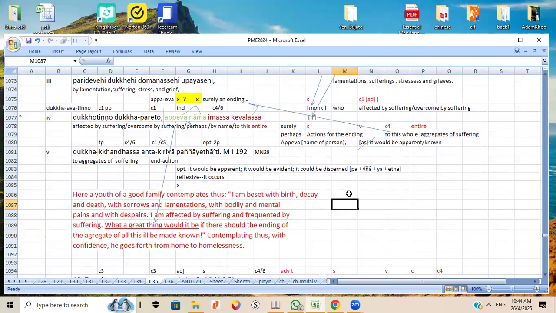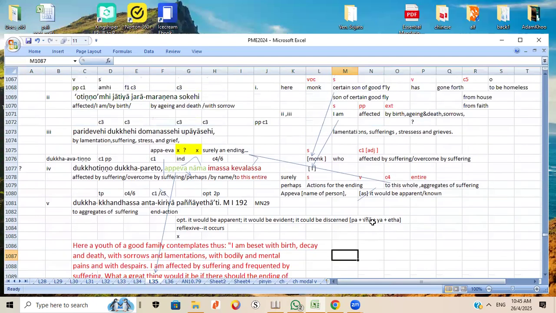For instance, I say, open inverted commas, I am beset with this birth. It's the way you use English grammar, so you cannot find the inverted commas in here. It's a matter of English grammar.